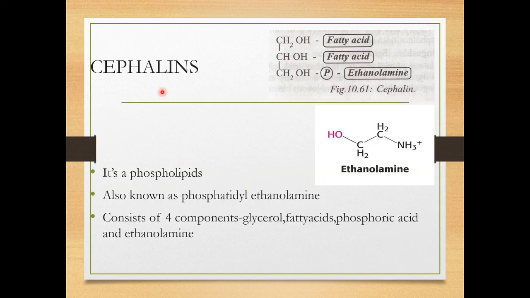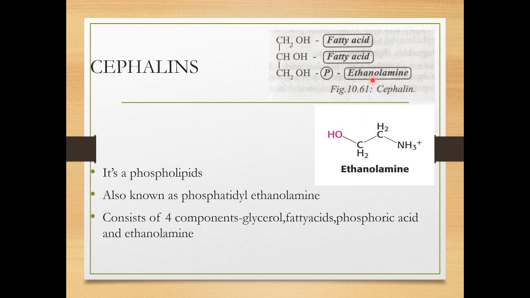Another example of phospholipid is cephalin. Cephalin has the same structure. The glycerol molecule is esterified with two fatty acids. The third position is esterified with a phosphate, and instead of choline, it is ethanolamine. So this is the structure of ethanolamine. So what is the difference?